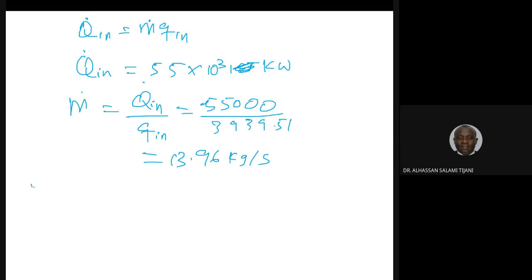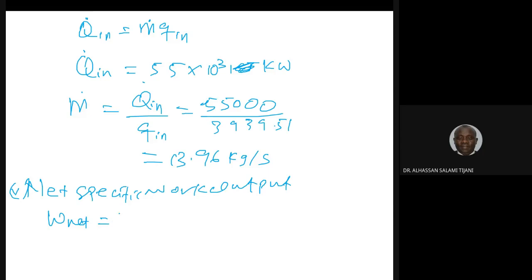W net will be given by the W total for the turbines minus W for the pump.